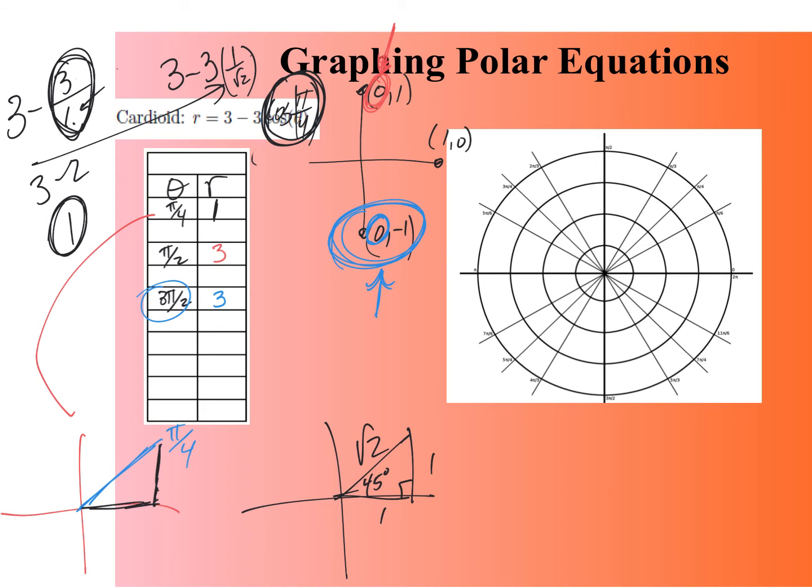Now, if I wanted to graph these three things, pi over 4, comma 1, I put a dot right there. Pi over 2, comma 3, I put a dot right there. 3 pi over 2, comma 3, and that's down here. Boy, that is not enough to really know what's going on here.